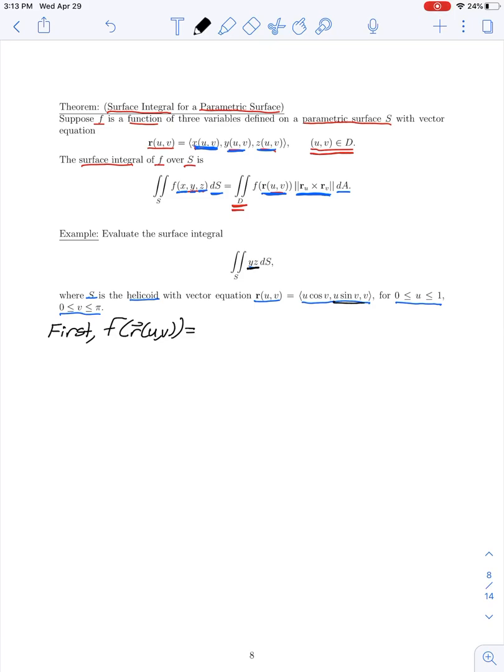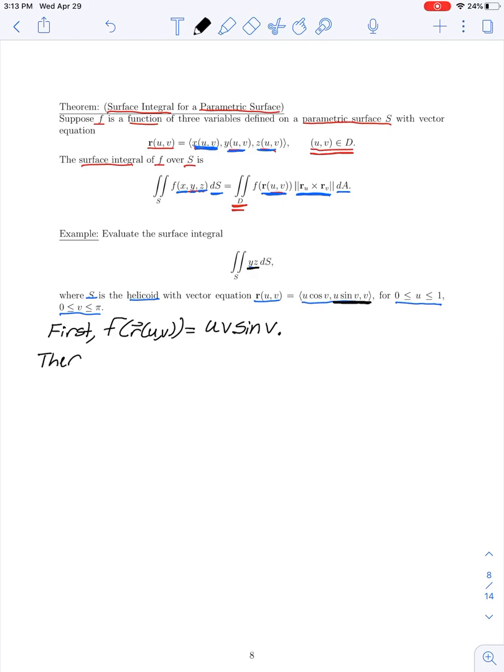So taking the product of y and z from our vector function, we have u times v times sine of v. Now, we also need to calculate the partial derivatives of r with respect to u and v so that we can then find the magnitude of the cross product.